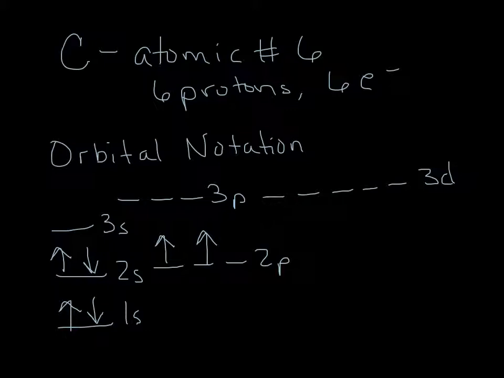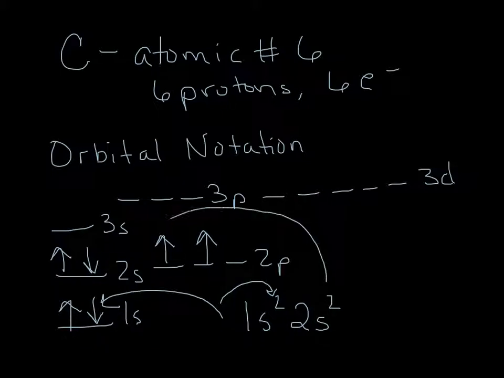The other way I can do it is with the electron configuration, where instead of drawing these boxes and these arrows, I write it like this. 1S has 2 arrows, so I put a superscript 2. Then 2S, again I have 2 arrows, so 2.